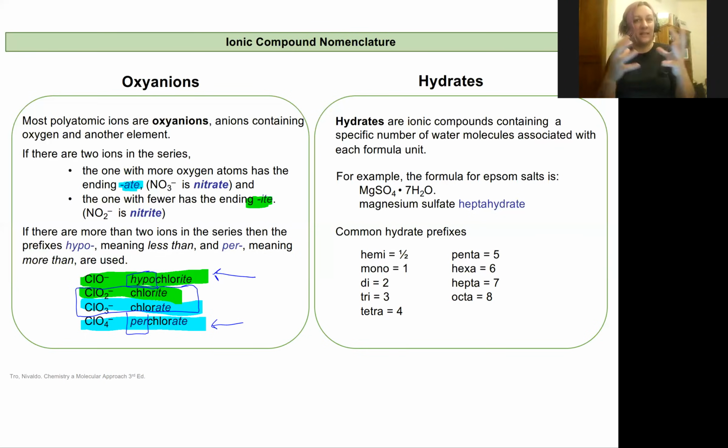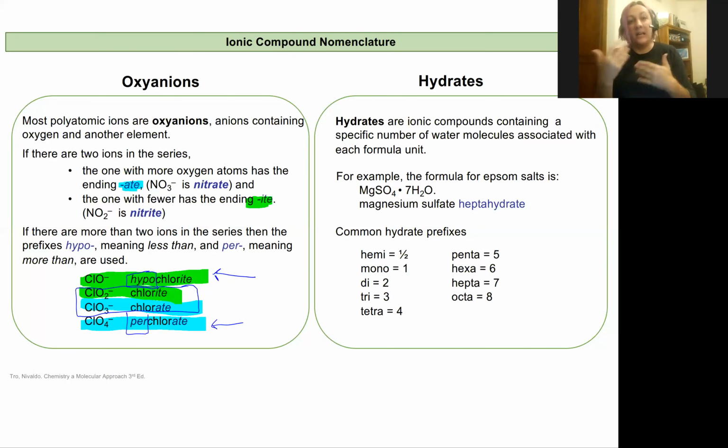It's the way that the solid forms. The water is not bonded to the ionic compound, so it's not actually part of the ionic compound. But the way the crystal forms will create a consistent and reproducible number of waters that are trapped within the solid structure.